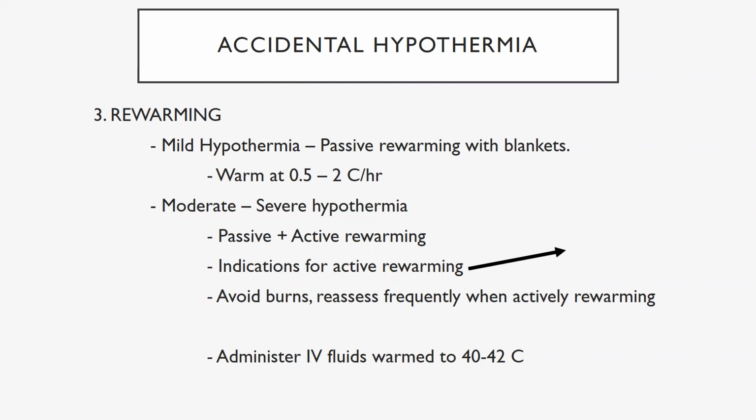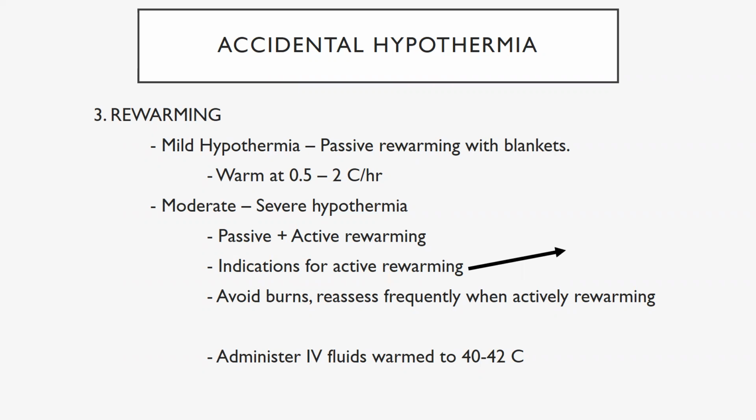However, once you start seeing temperatures below 32, that's moderate to severe, that's when you start thinking about putting the bear hugger and the passive interventions, but you also actively rewarm these patients. Now with active rewarming, there are certain indications.